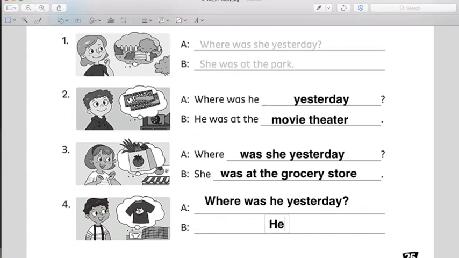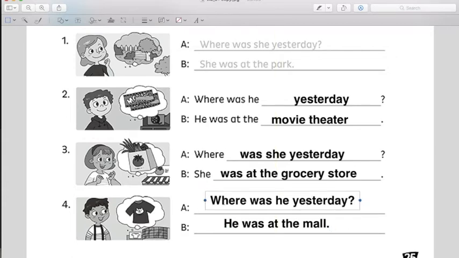So he was at the mall. Period. This is a period here, full stop right here. Don't forget your capital letter at the beginning of the sentence. So here we have a W in where, capital, because it's the beginning of the sentence. So where was he yesterday? He was at the mall.